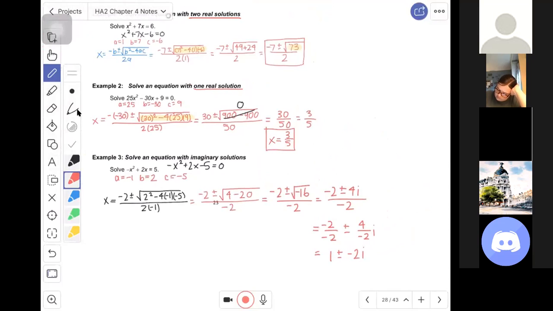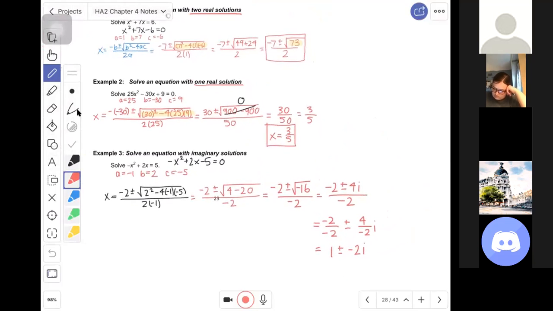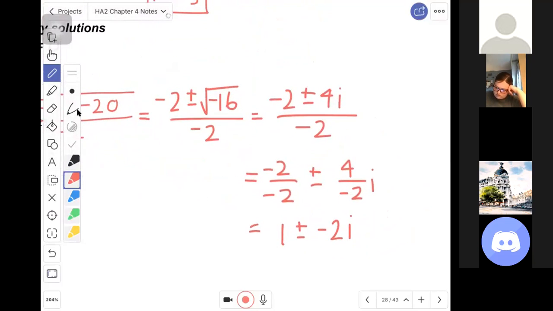We can't put that 2 into -7 or that 2 into √73. But we saw here that we could put -2 into -2 and -2 into 4. So it's just easier to look at. Okay, that makes sense. Thank you. You're welcome.